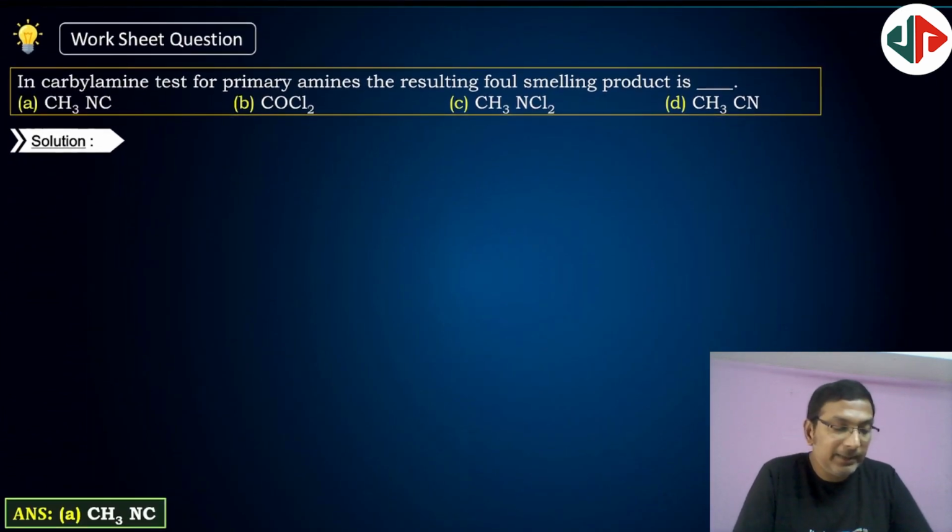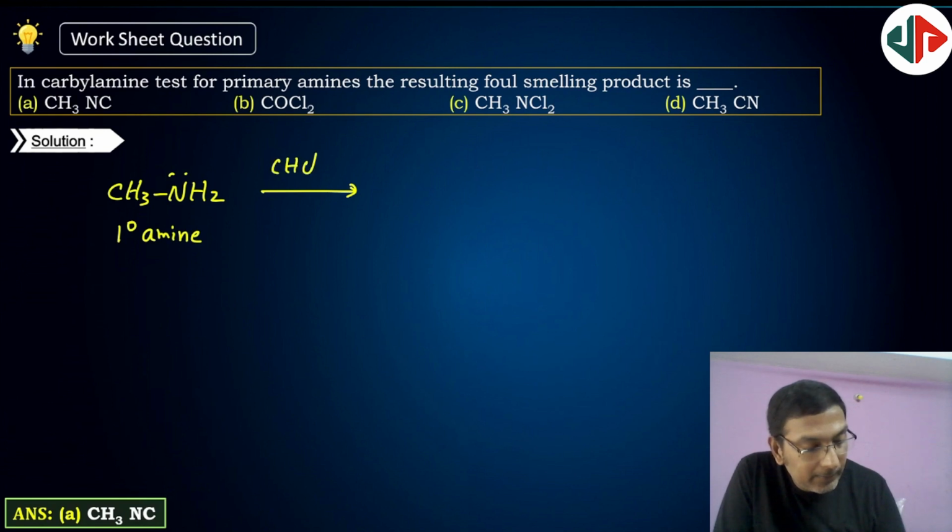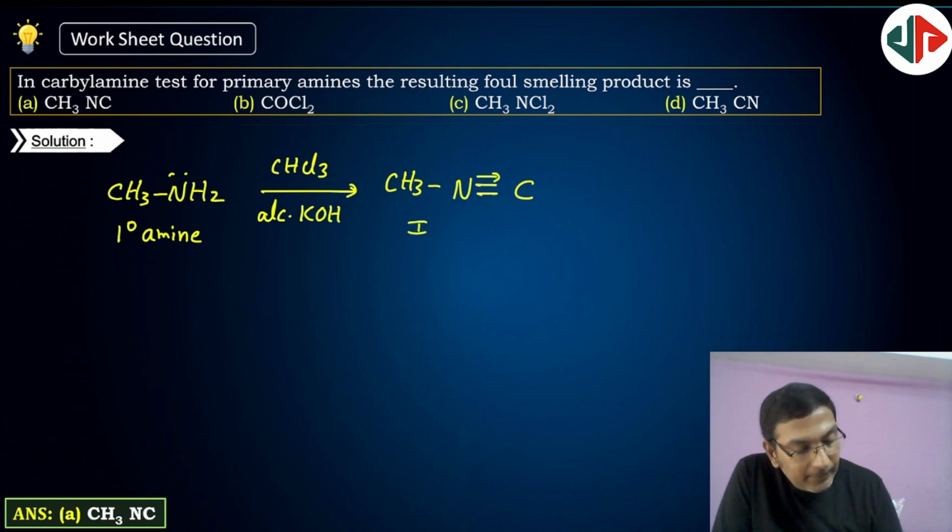In the carbylamine test for primary amines, the resulting foul-smelling product is, if we take CH3NH2, a primary amine, which is methylamine, heated with CHCl3 chloroform and alcoholic KOH, it will form isocyanide, which is foul smelling.